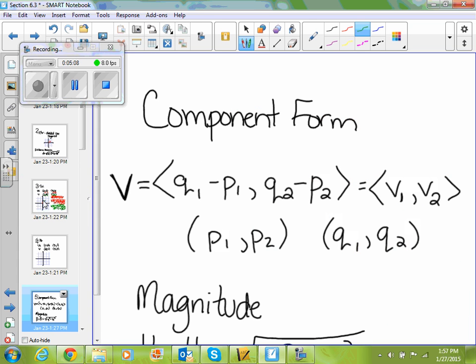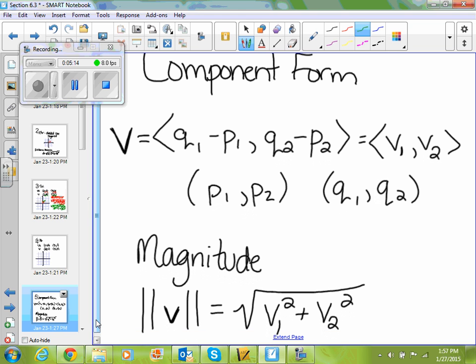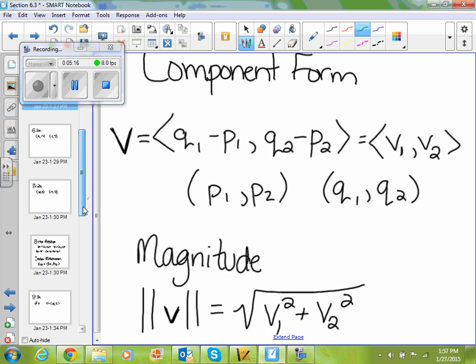All right. Second thing we're going to look at today is component form of your vector and your magnitude formula for your vectors. So component form is how we represent our ordered pairs, except since they're vectors, instead of being in parentheses, they're in like little triangle things.